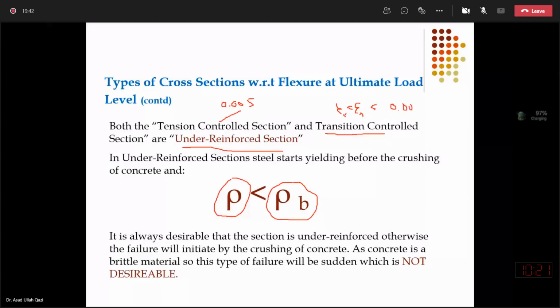All tension controlled or transition controlled sections are also named under reinforced cross sections.